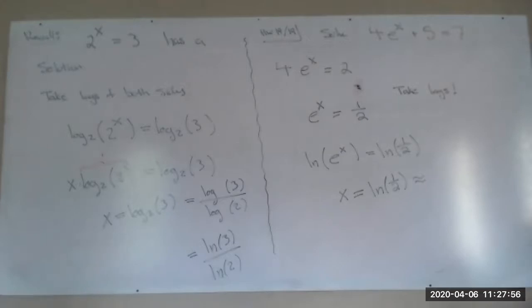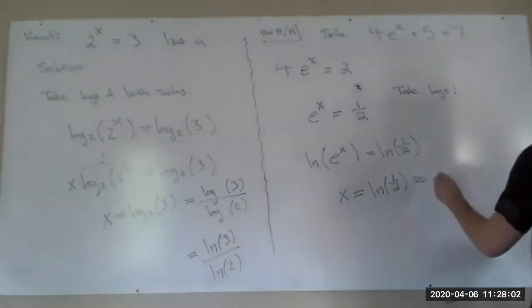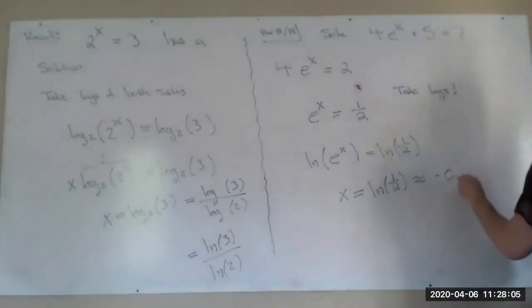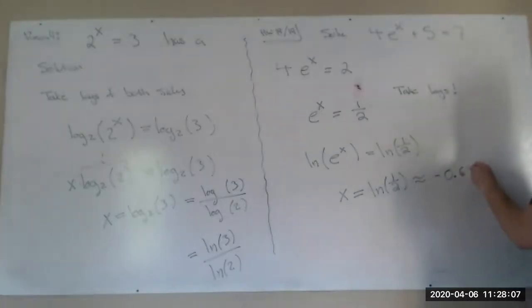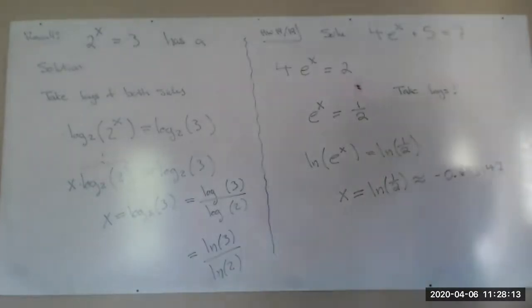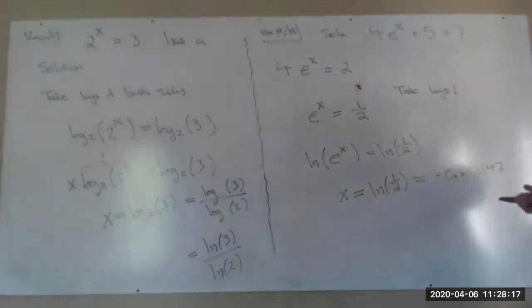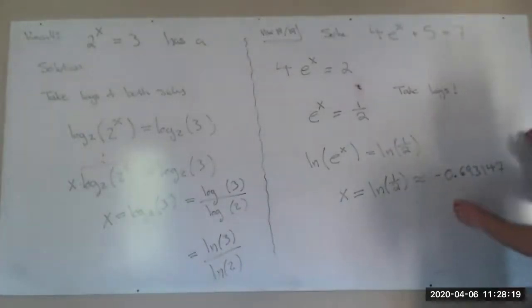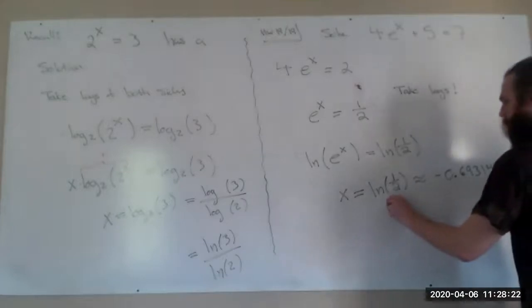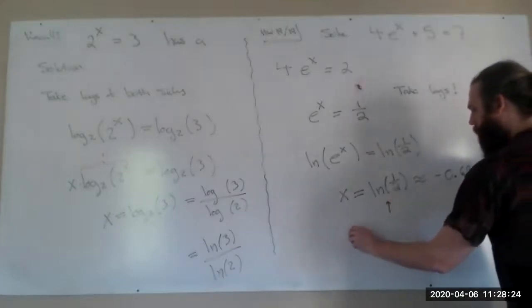And that gives me negative 0.693147, and so on. This is what we call a decimal approximation. It's not the exact value. This is what we would call the exact answer in terms of logarithms.